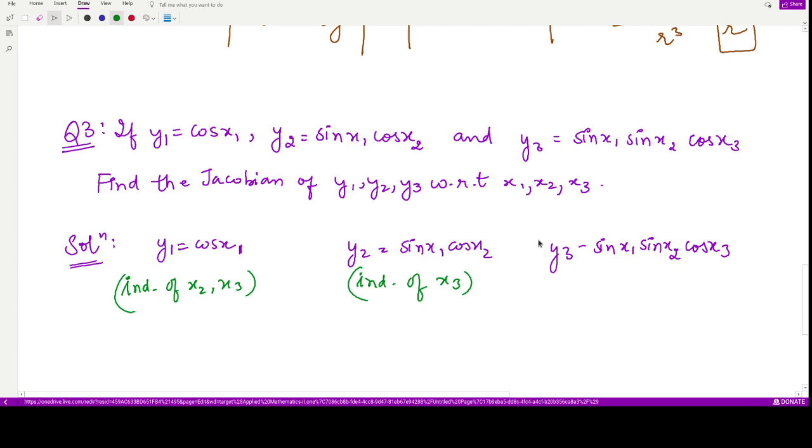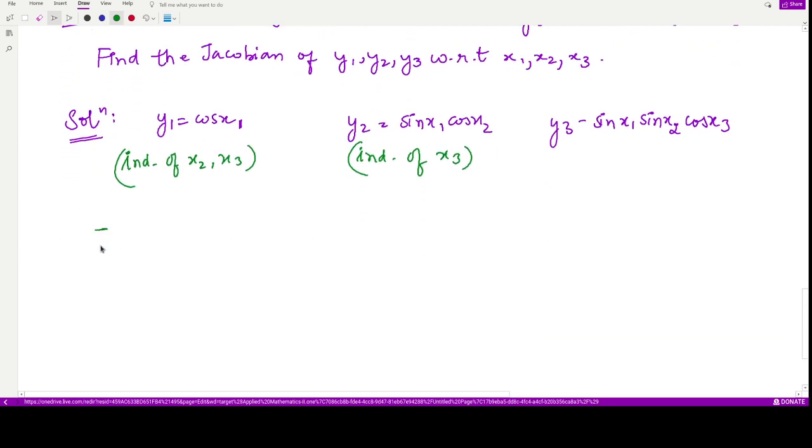Okay, so here we have to calculate the Jacobian of y1, y2, y3 with respect to x1, x2, x3.